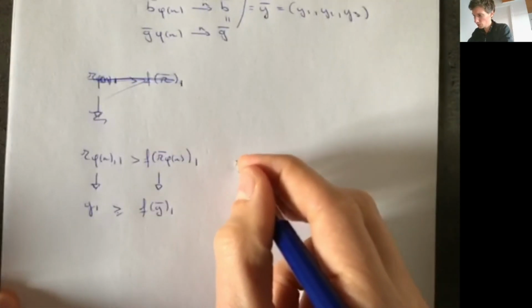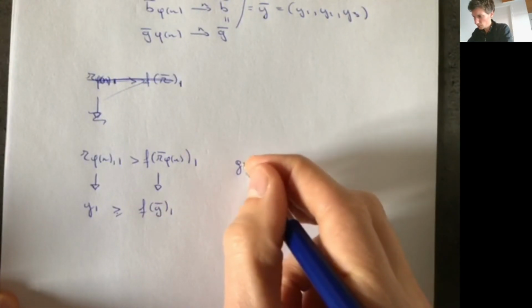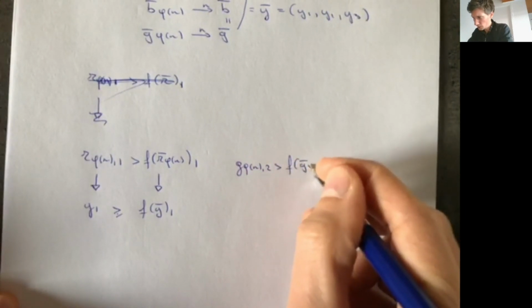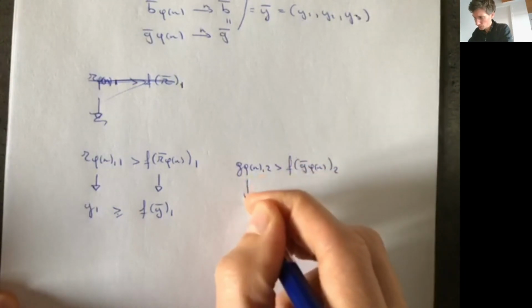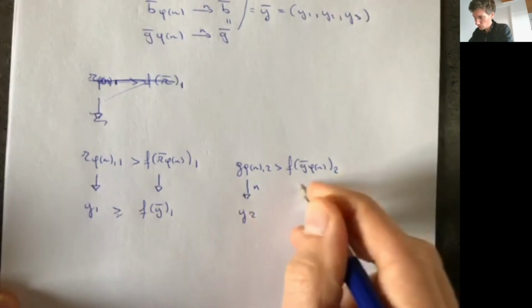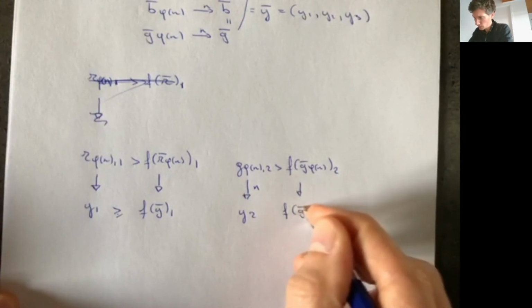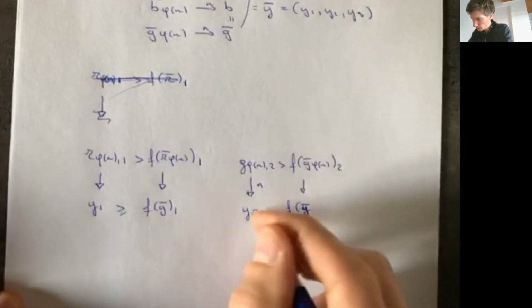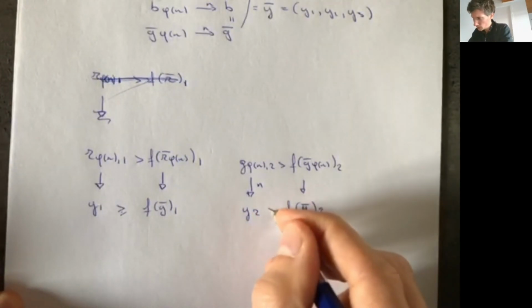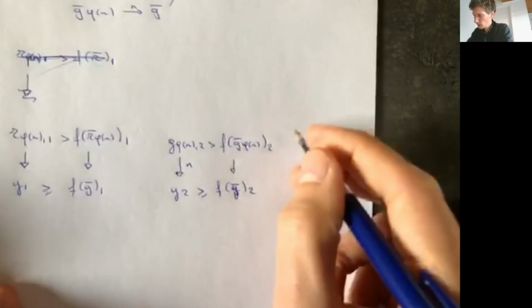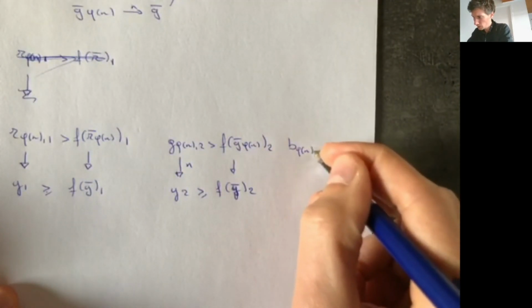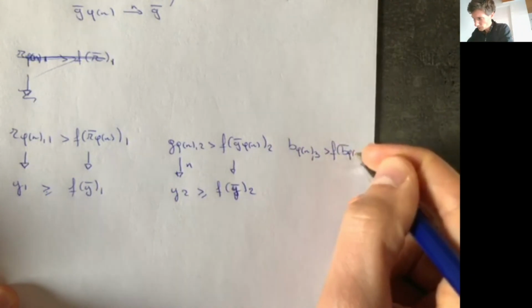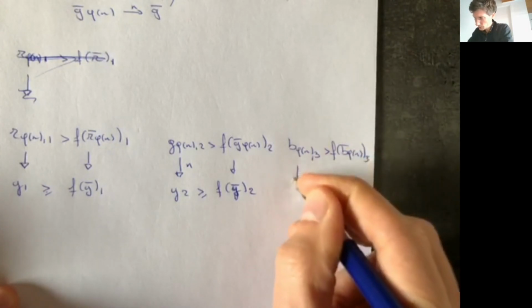The same goes for the green vertices. G phi n2 is bigger than f of G phi n2. This converges to y2. This converges to f of y2, and this becomes a weak inequality. And then B phi n3 is bigger than f of B phi n3.